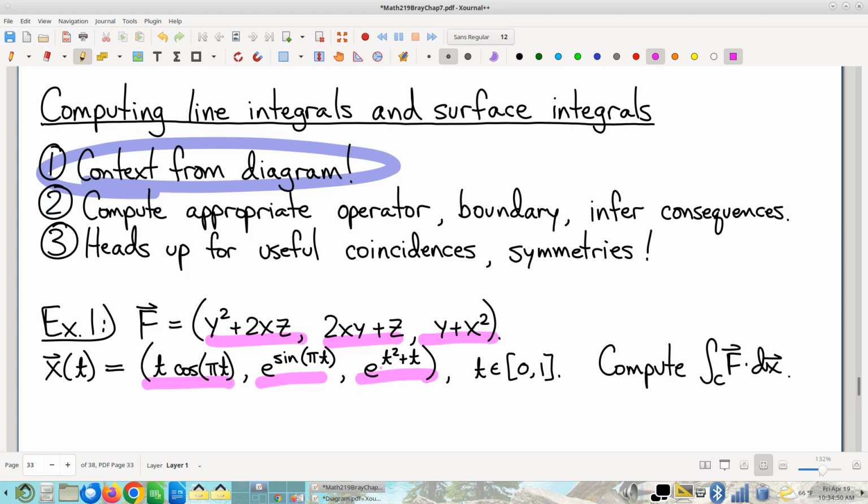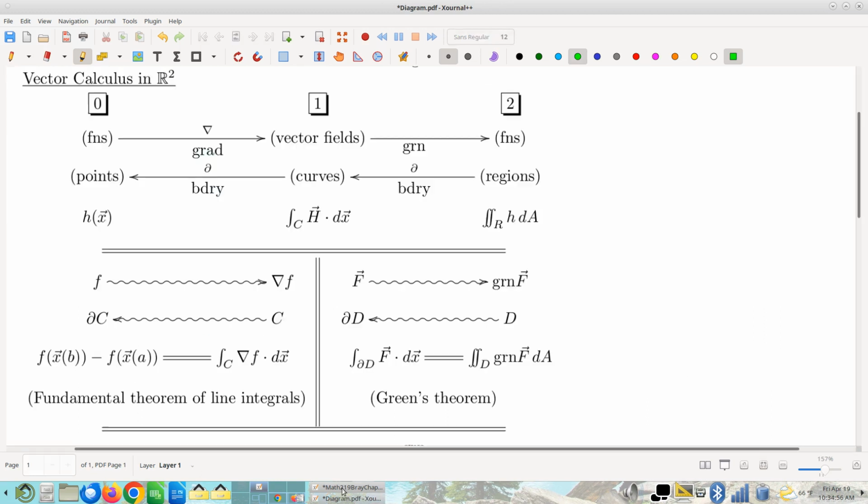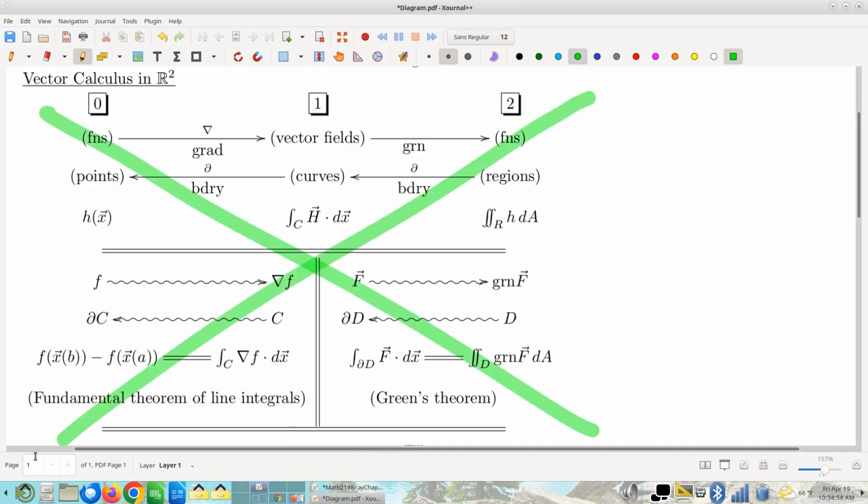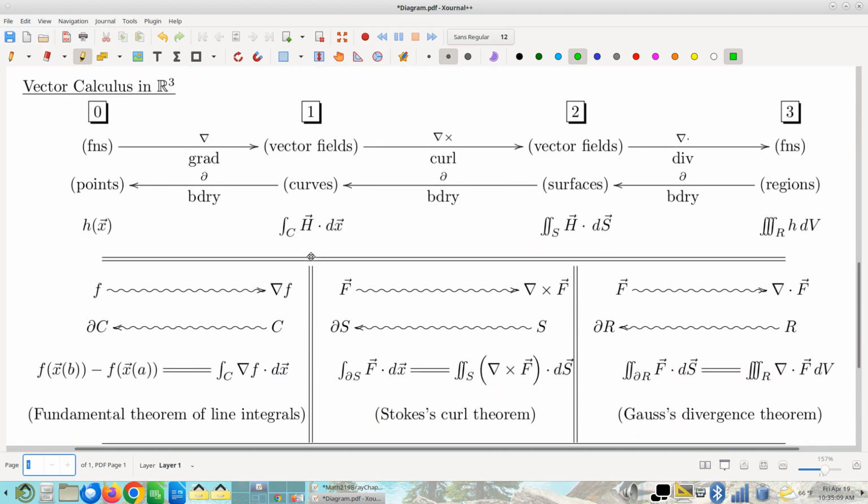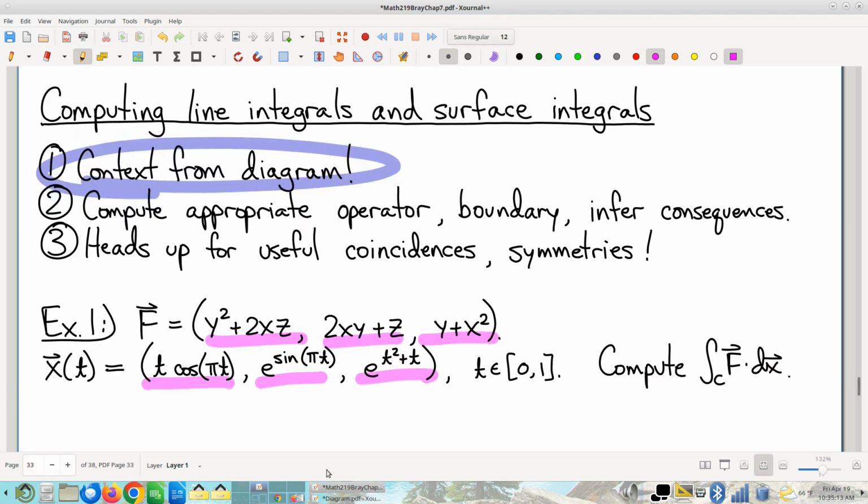So now that we've identified that the question we're looking at is 3-dimensional, go back to the diagrams here, and don't even look at the 2-dimensional diagram. The 2-dimensional diagram doesn't apply, because we're not in 2 dimensions. We are in the more complicated case of being in 3 dimensions. And now furthermore, where on the three-dimensional diagram are we?